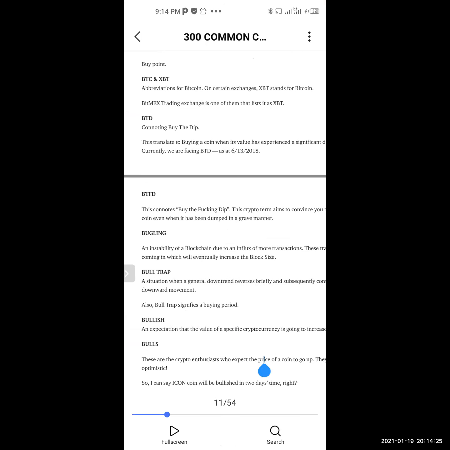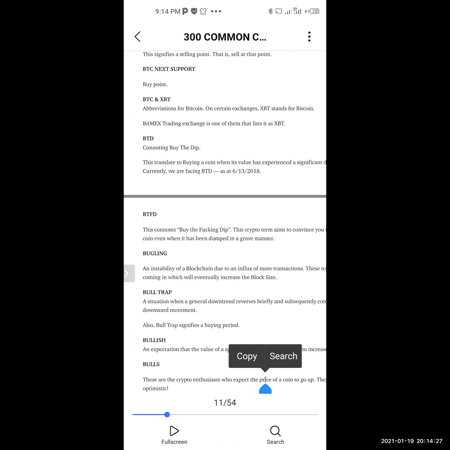Now, what does BTD mean? You can see that BTC is the abbreviation for Bitcoin, or XBT. On BitMEX, for example, which is an exchange for margin trading, Bitcoin is labeled as XBT. BTD here means buy the dip. No matter what happens, never buy a coin when it's on profit.